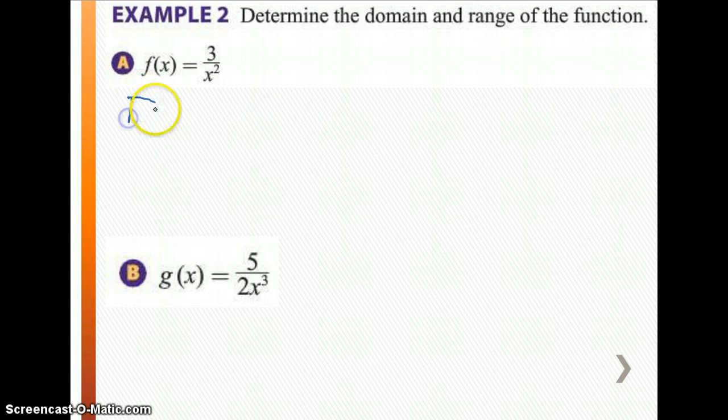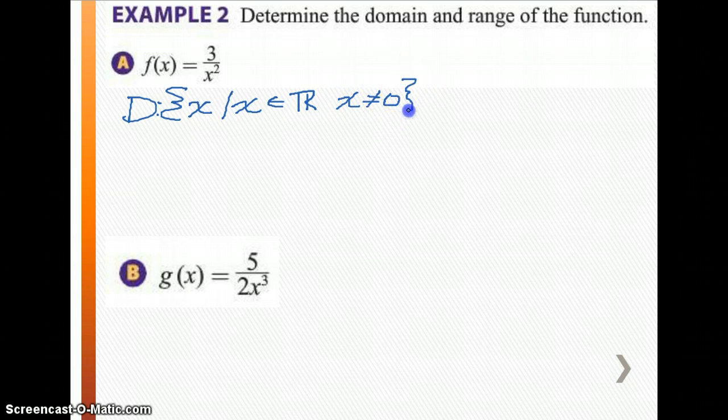So for our domain, we have the set of x such that x is an element of the real numbers, but x cannot equal 0. All other numbers we can plug into that x squared term.